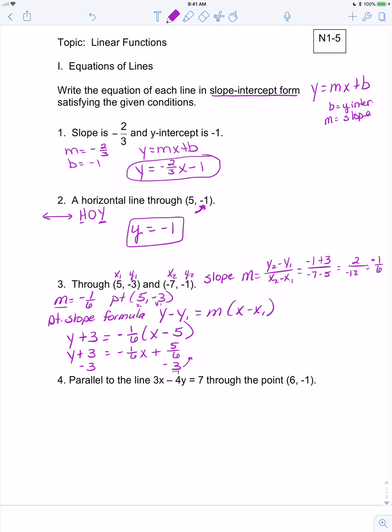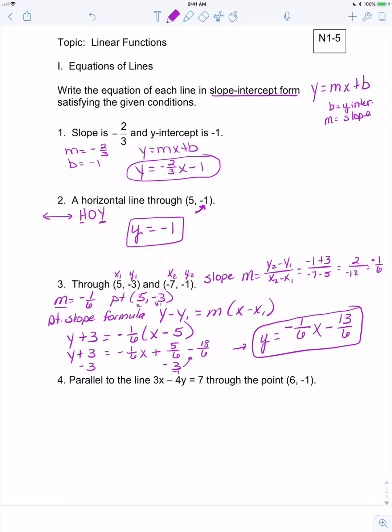We want to make that something over 6. So 3 times 6 is 18. That ends up with the slope-intercept form: y is equal to negative 1/6 x, plus 5/6 minus 18/6. So that should give us a negative 13/6.